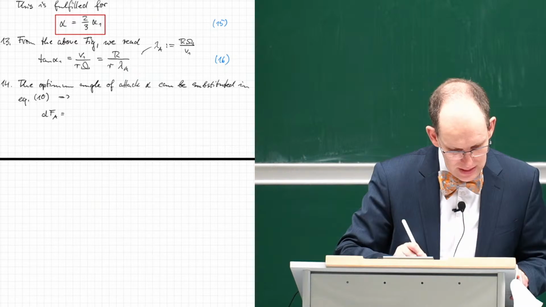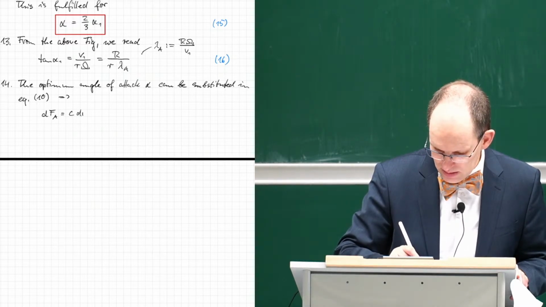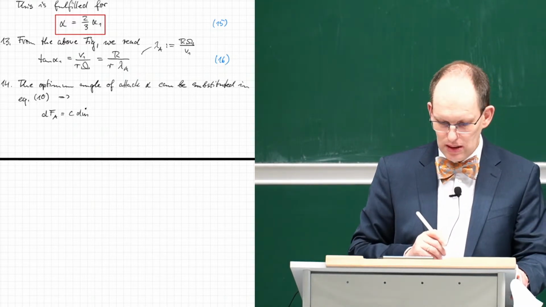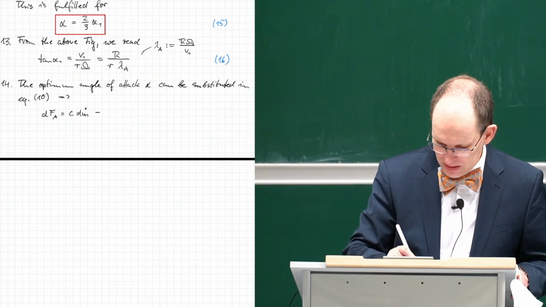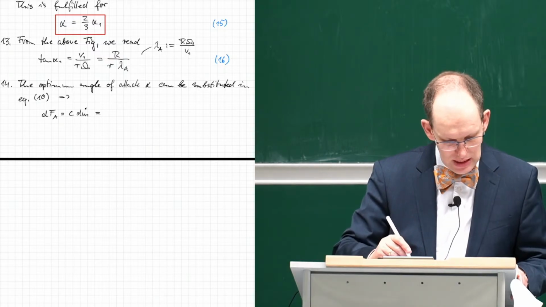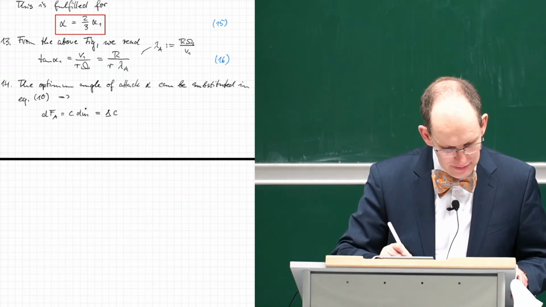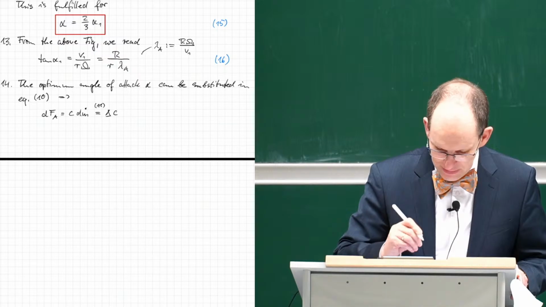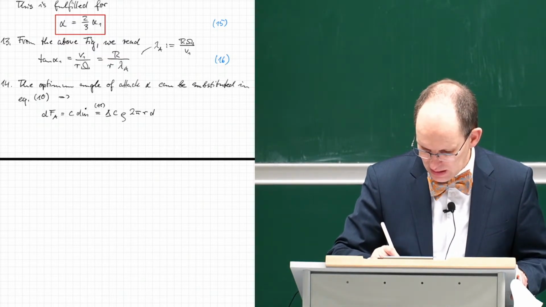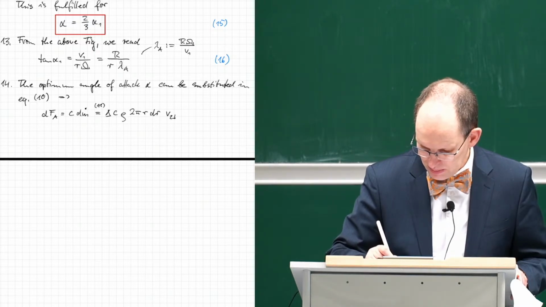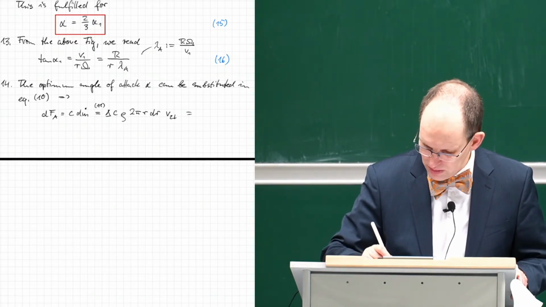dFA is equal, as we said, to C dm dot. There's a misprint in the script, so the dot is missing there. And this is given according to equation 11 by delta C times rho times 2 pi times r times dr, and the perpendicular velocity component.